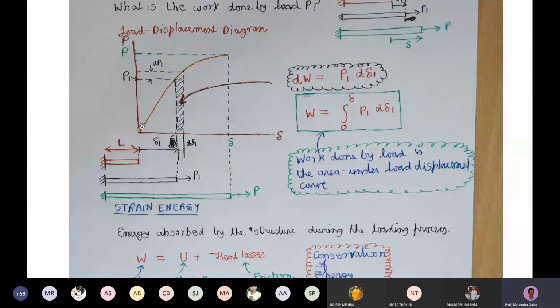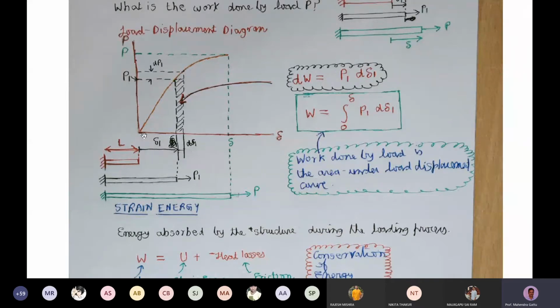There is a small part here which is dP1 d delta 1 by 2. We can neglect that because dP1 and d delta 1 are themselves very small quantities. Now we can calculate the total work done. We have to integrate over the entire area, so W is equal to the integral from 0 to delta of P1 d delta 1.